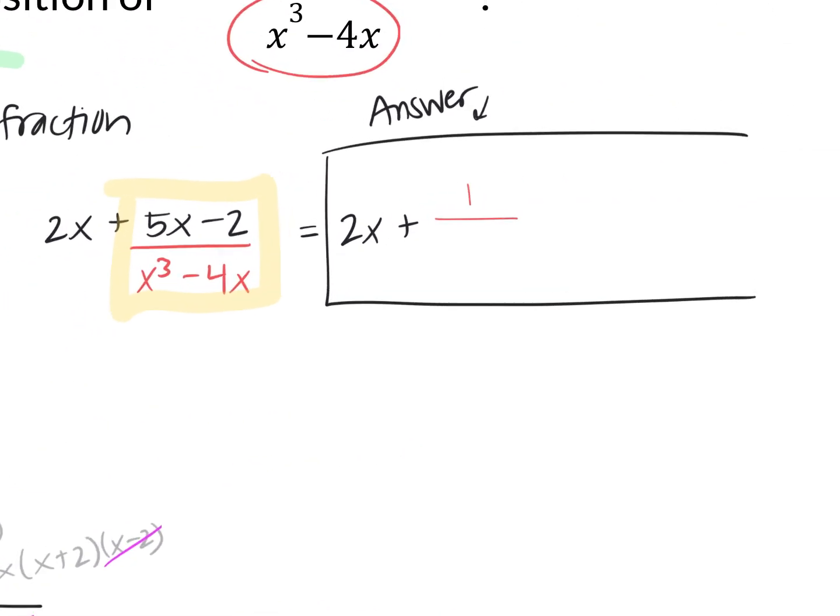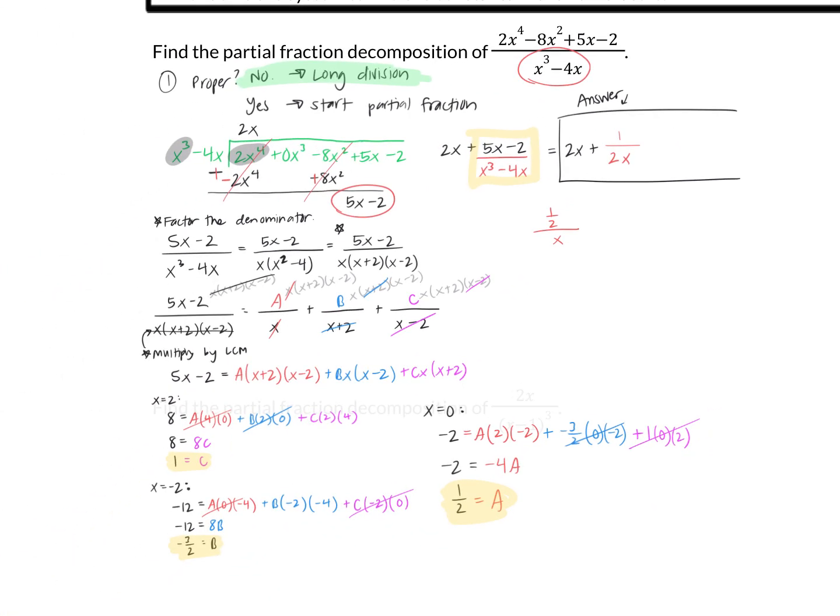So I've got 1 over 2x. Technically it's like 1/2 over x, right? But that's the same thing as 1 over 2x. Are we okay with that? 1 over 2x is the same as 1/2 divided by x. I got the x because that is from your partial fraction decomposition part right here.